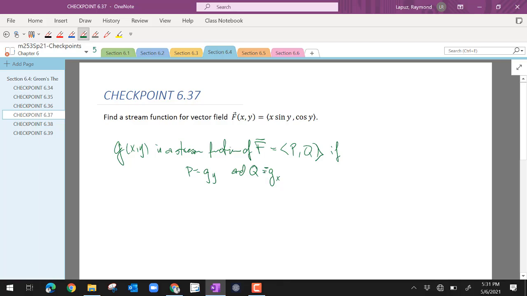Let's write that negative sign a little bit clearer. Negative g of x.